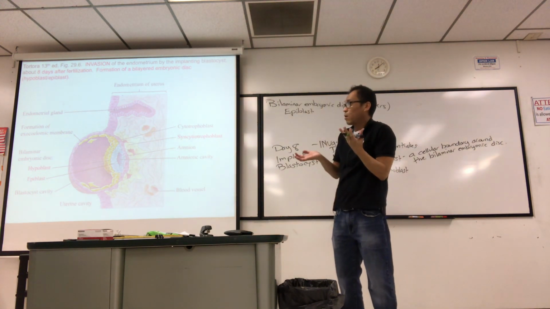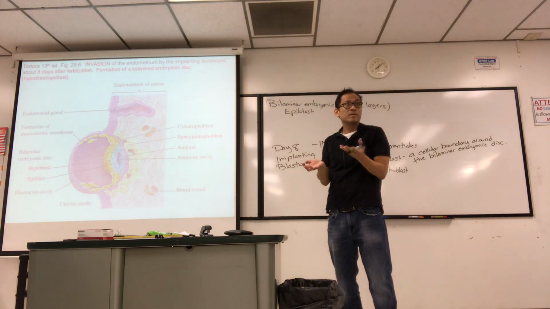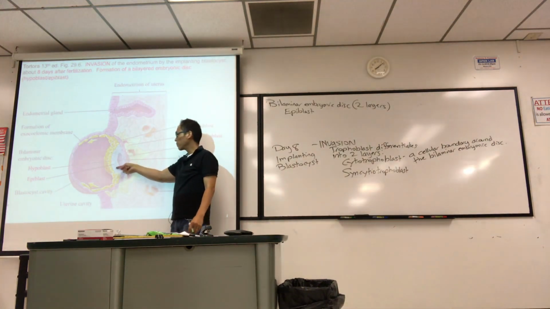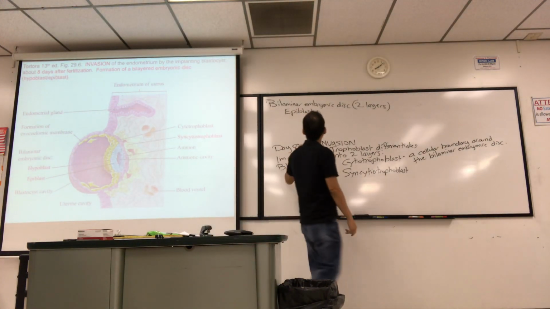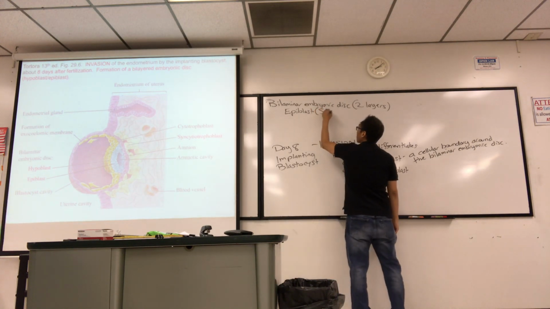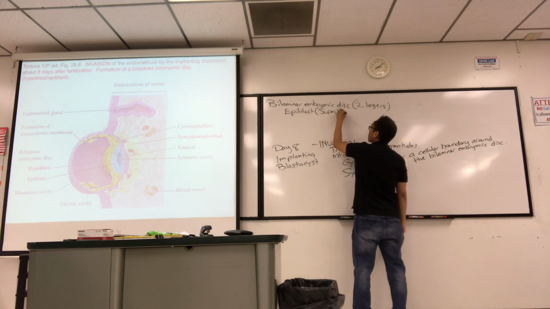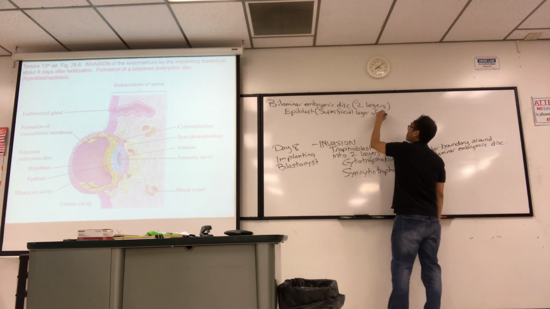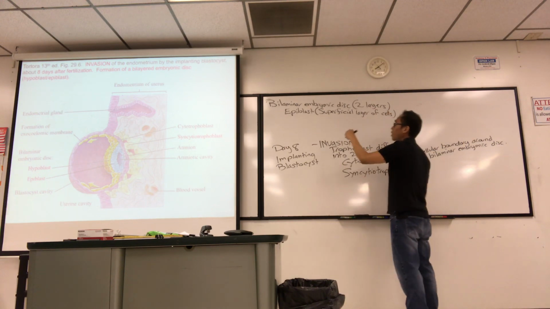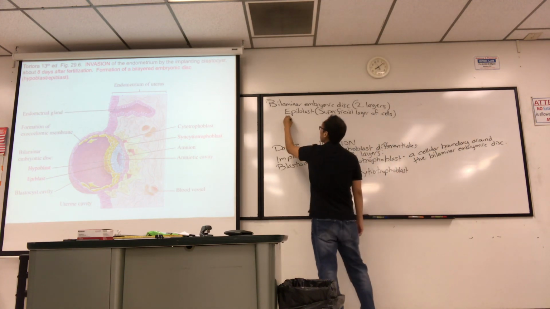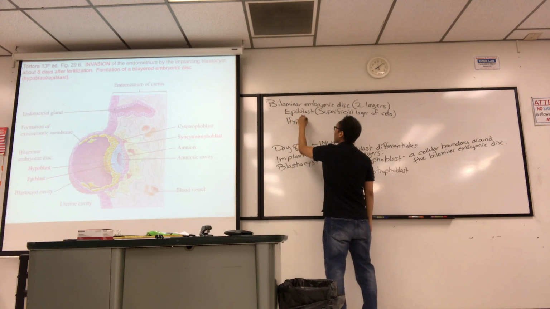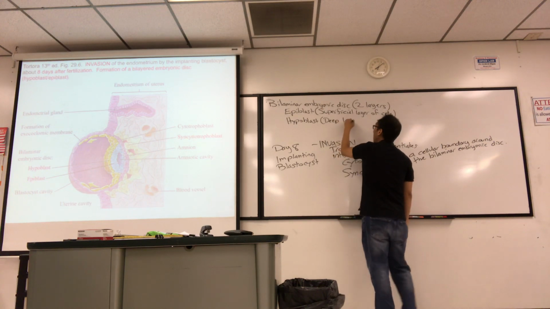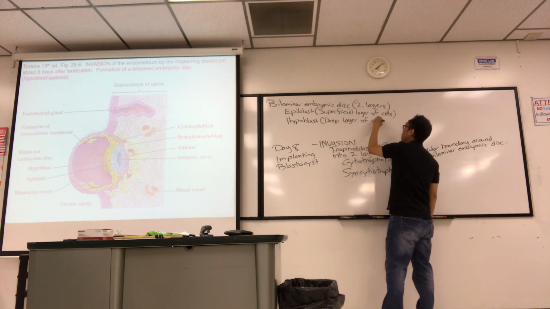Sometimes it's called the superficial layer of cells because it's, I guess, on top. Now, on the slide, it's blue. Epiblast, or superficial layer of cells, or hypoblast, deep layer of cells, okay.